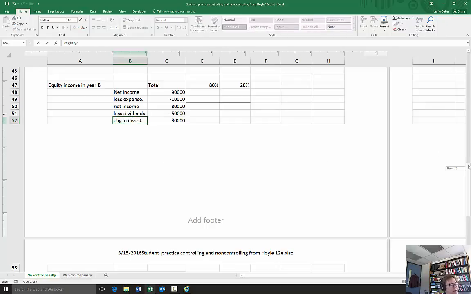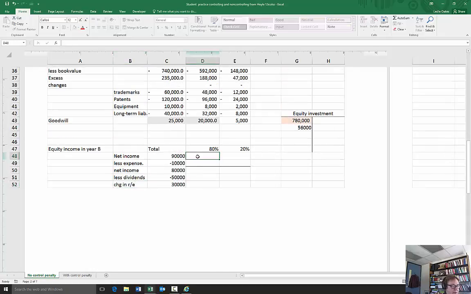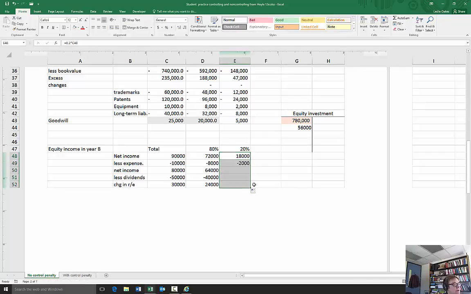How much of that is going to affect our investment? Well, because we don't have any issues with distorted goodwill, we can just take 80% straight down. And over here, 20%. So let's see if we can figure out what our investment account would be.